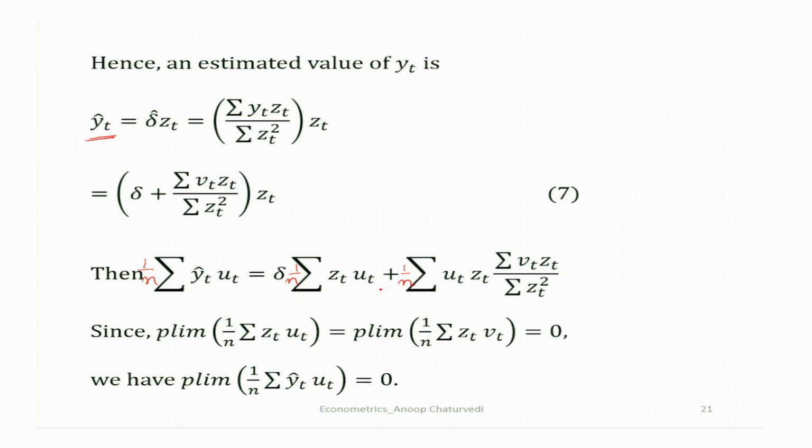Now, the probability limit of this part is equal to 0, probability limit of this part is also equal to 0. So, finally, you obtain the probability limit of 1 upon n summation y t hat u t equal to 0. So, in probability limit y t hat is uncorrelated with the disturbance term.